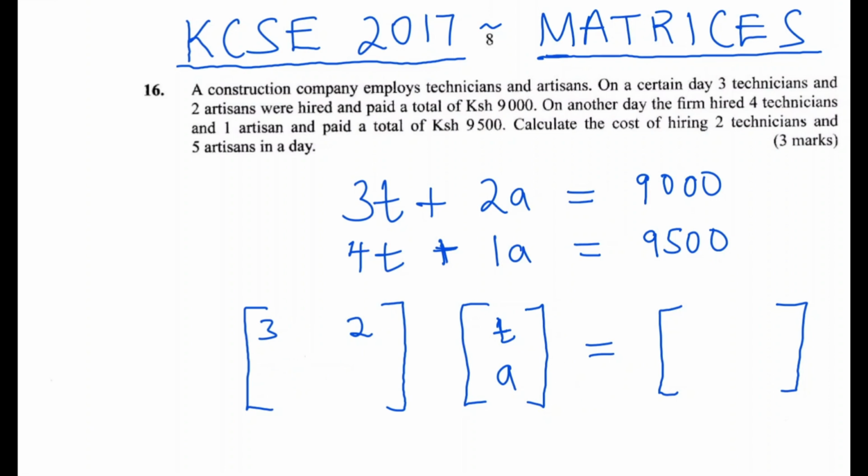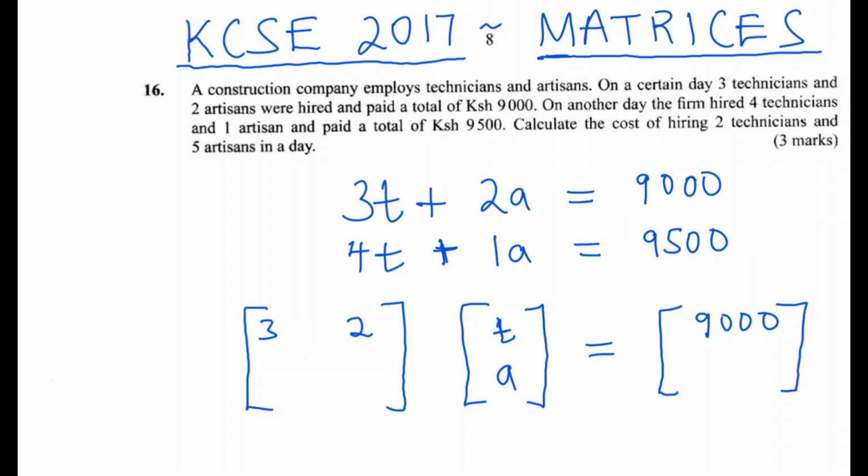So if we read this equation, it shall read 3 multiplied by T plus 2 multiplied by A. And we know from our original equation that 3T plus 2A is equal to 9,000 shillings. So rows times columns.